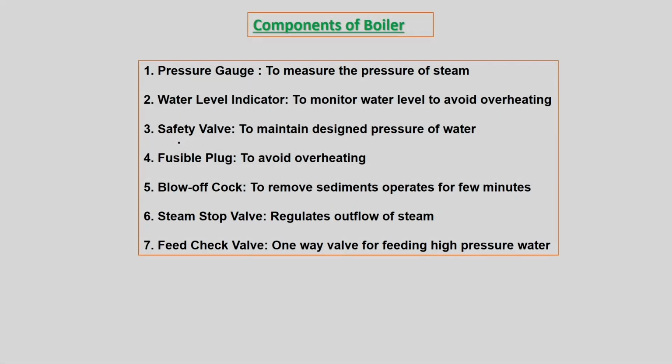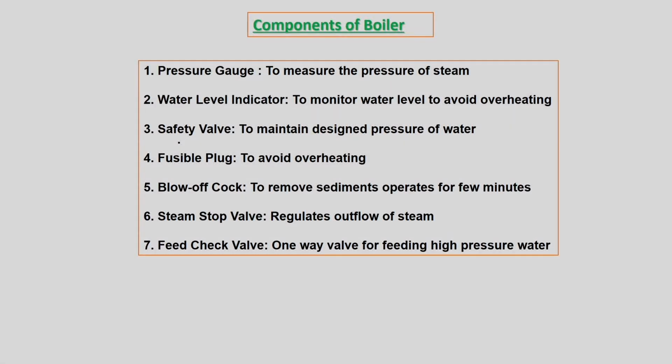Among those we can see that there is a pressure gauge which has to be there to monitor the pressure. There has to be water level indicator to monitor the level of the water, and if water level drops, then it would change the temperature inside the steam generator. So water level indicator has to be there. It is important also for loading aspect.